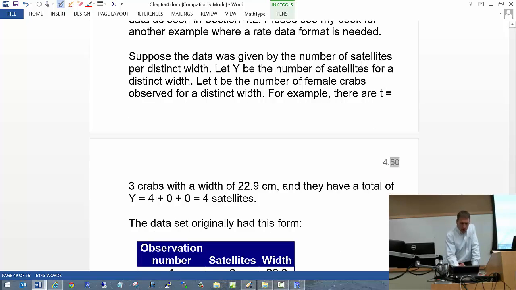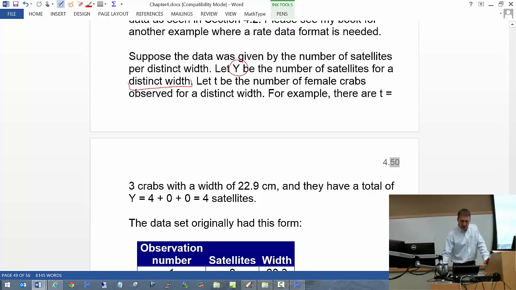So let's let y now be the number of satellites for a distinct width. Before we just said y is the number of satellites. Now we're going to say y is the number of satellites per distinct width that we have available to us. T is going to be the number of female crabs per distinct width.